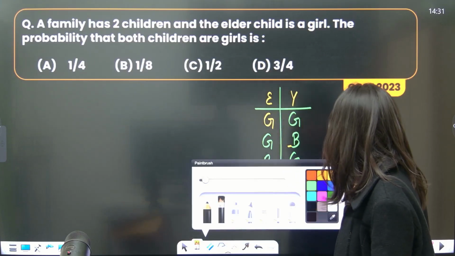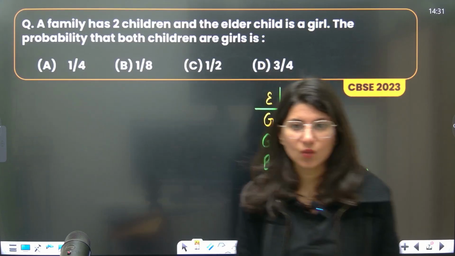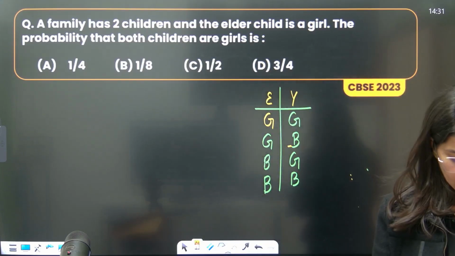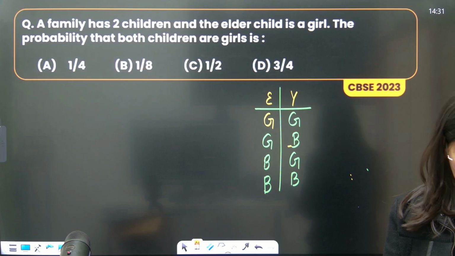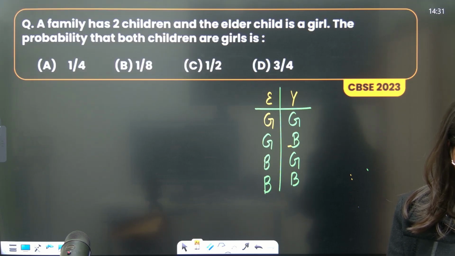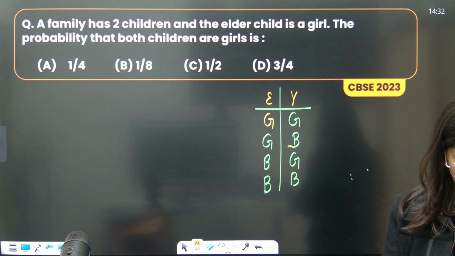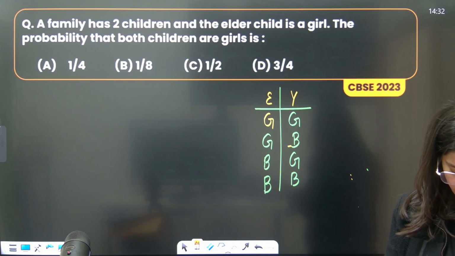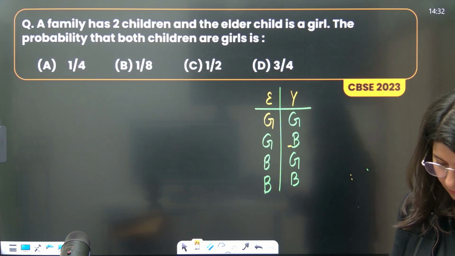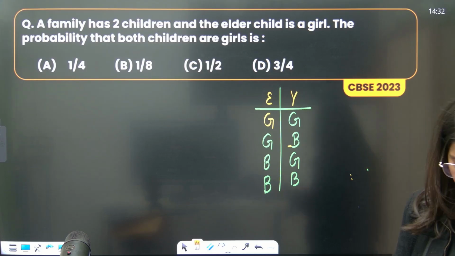Okay. Hold on. I have a doubt in this. And the elder.